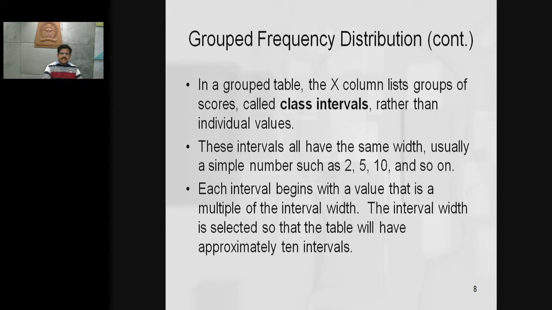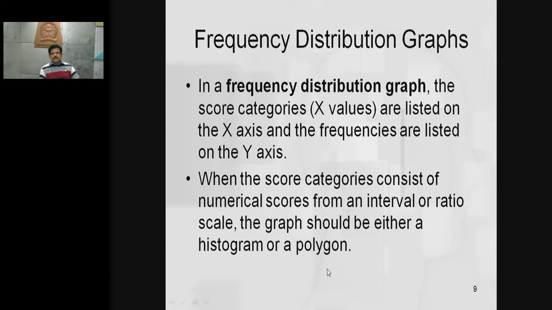It is generally 2 or multiples up to 5, 10 or multiples of 5, 10 and so on. Each interval begins with a value that is a multiple of the interval width. The interval width is selected so that the table will have approximately 10 intervals. You may have more intervals, but usually we shall have 10.